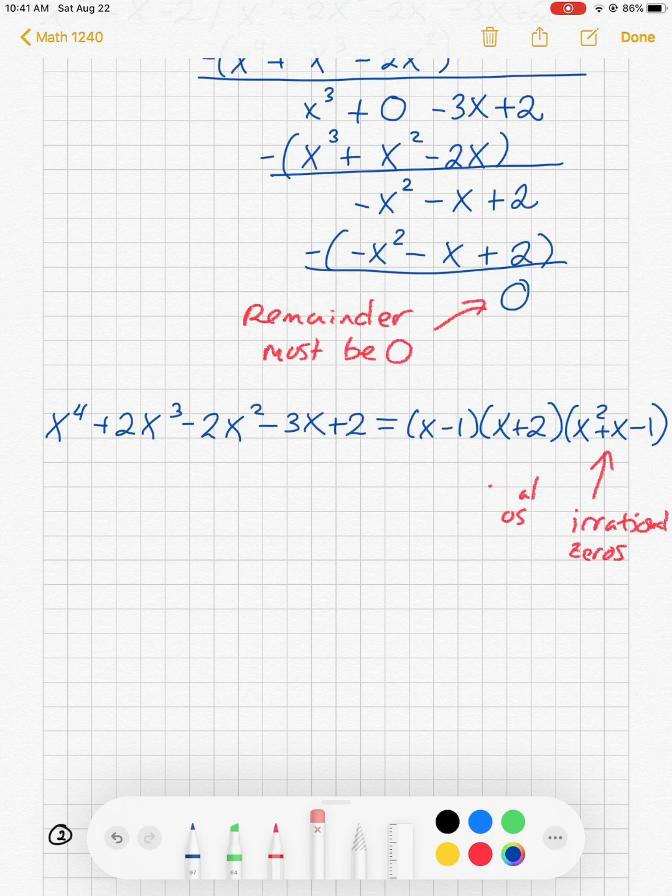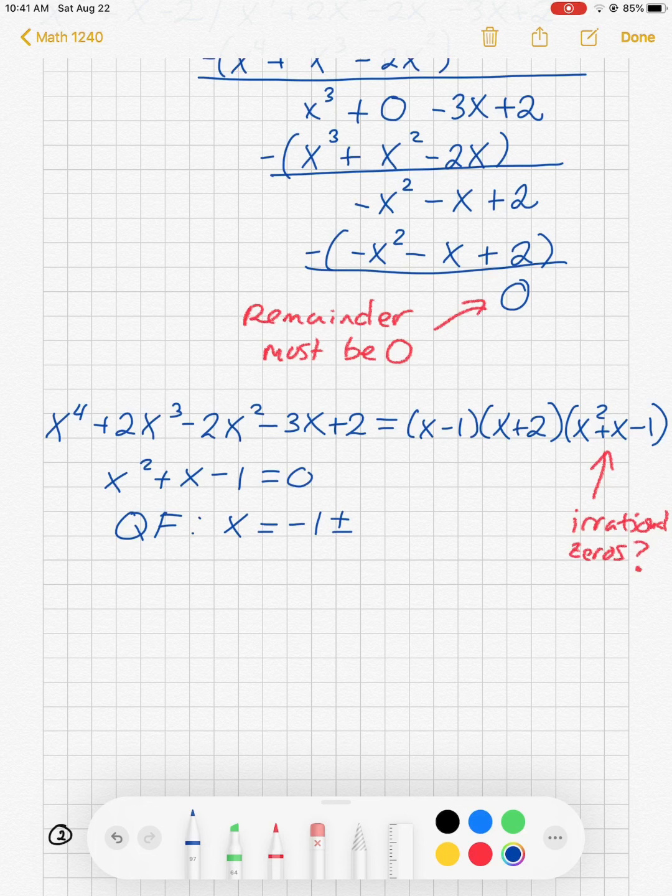So the next question is, well, what about looking at this quadratic? What happens if x squared plus x minus 1 is equal to 0? So it's not going to factor. What about the quadratic formula?